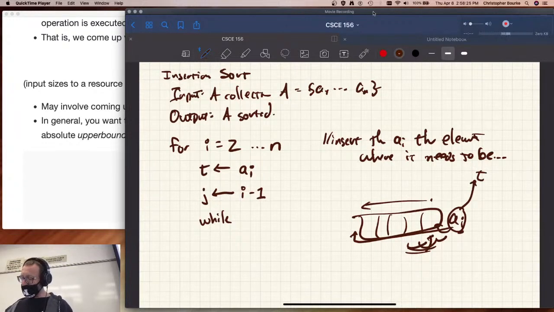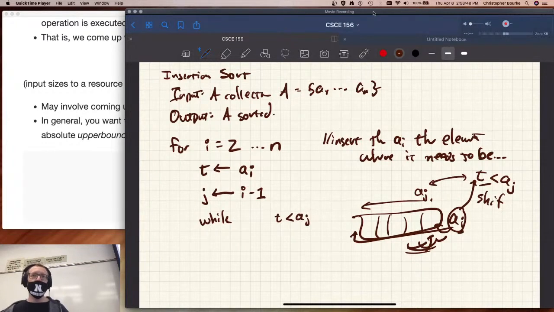Again, I've taken this thing out and put it into this temporary variable up here. I'm going to be comparing a sub j and this temporary variable. If t, the temporary variable, is less than a sub j, then I need to shift things over. So how do I shift that one thing over? a sub j plus 1 will take on the value a sub j.